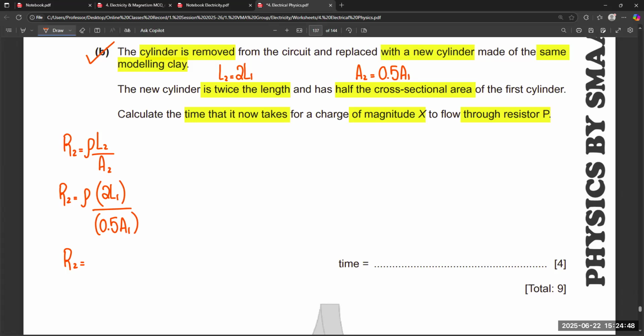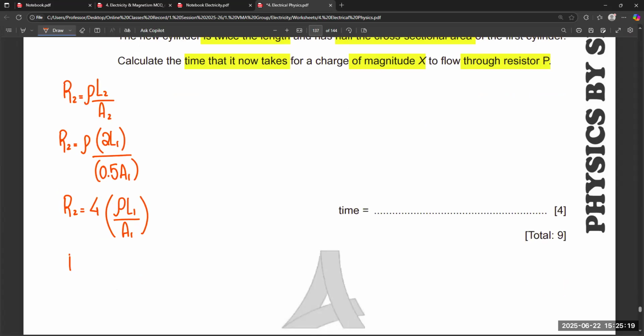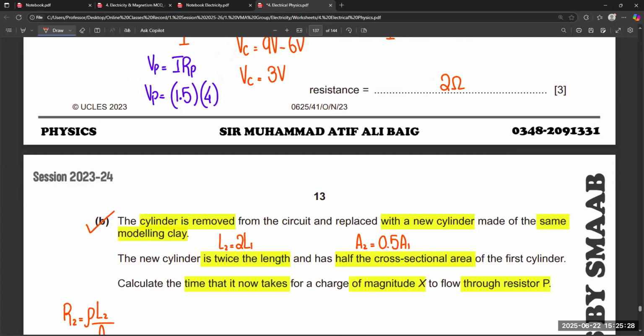So R2 equals 4 times L1 over A1. And we know that L1 over A1 corresponds to R1, so it becomes 4 times R1. And R1 equals 2 ohms.